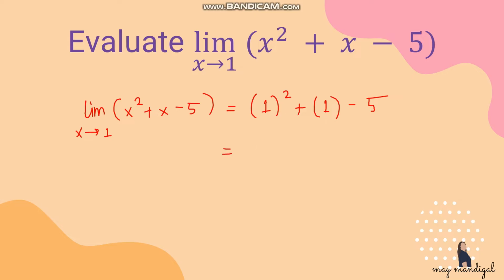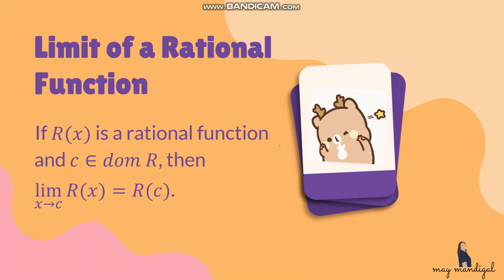Simplify everything: 1 plus 1 is 2, minus 5, we have negative 3. This is now the limit of our function. That means as the value of x approaches 1, the function approaches negative 3. Again, we can only do direct substitution if the given function is a polynomial.